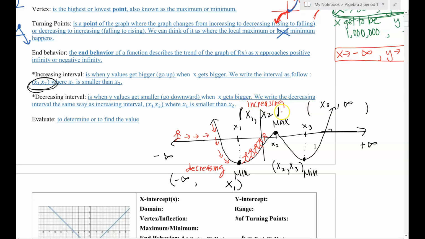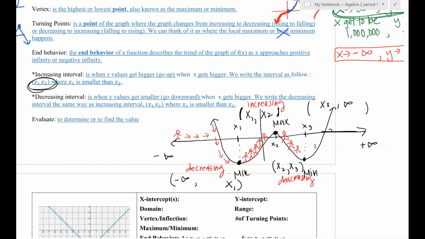So I want you to think, with increase and decrease, are you climbing? Climbing means you're increasing. Or are you sliding down? Sliding down means you're decreasing. So from x2 to x3, you are decreasing. And yes, this is super confusing. Increasing and decreasing intervals are the most difficult concept to understand.